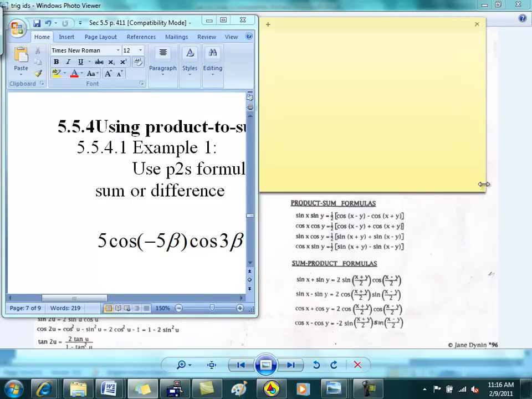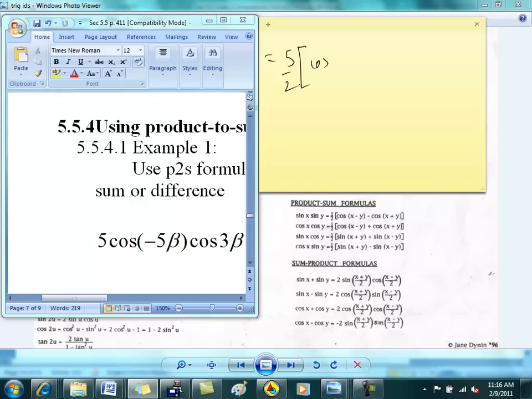First, second, third, or fourth out of this set here? Second. Okay, so then that becomes 5 over 2, cosine of the difference, so minus 5 beta minus 3 beta. Right, the difference, minus 5 beta minus 3 beta, what do you get?